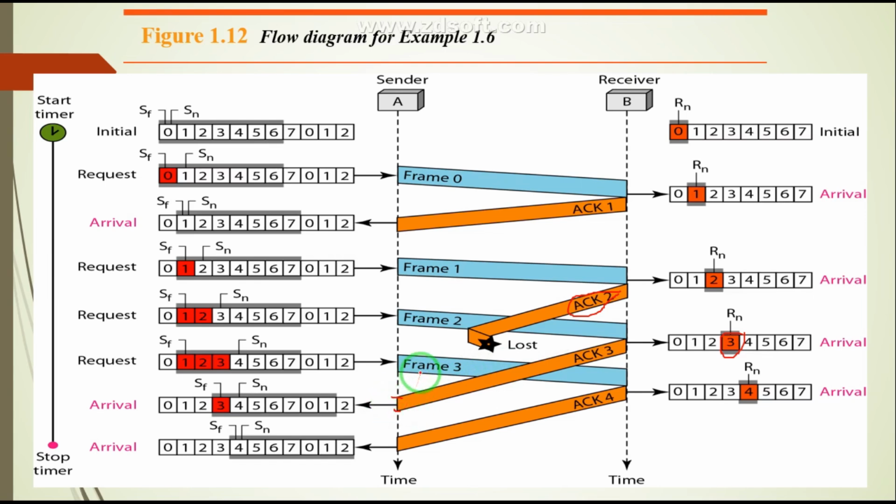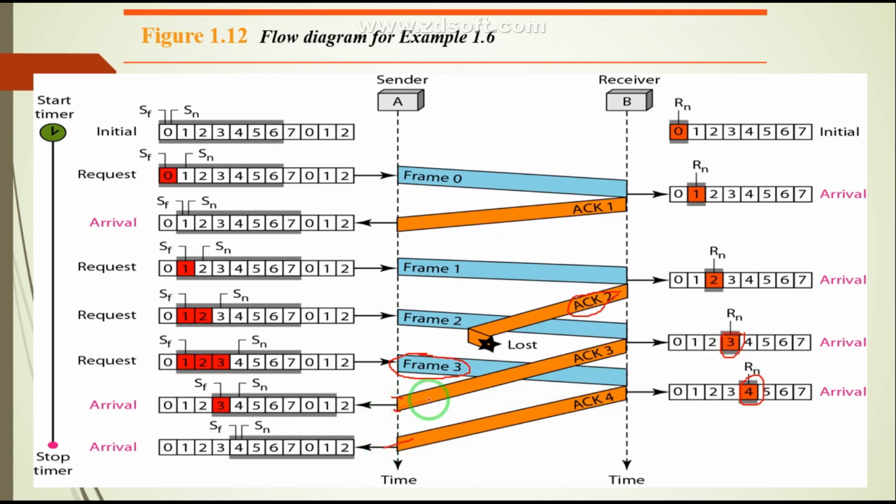But during that time, frame 3 has been sent because this event has been triggered. So frame 3 has been sent to the receiver. Now RN is equal to 3, so frame 3 is accepted over here. Now this window just shifts to the next slot, that is now RN equal to 4. Hence it is going to send the ACK 4 over here.